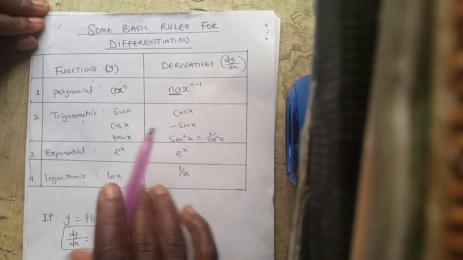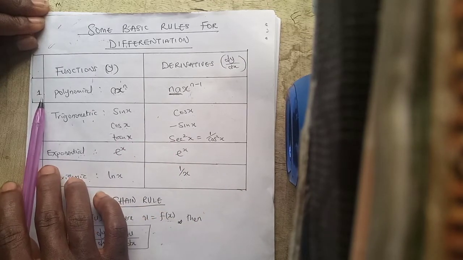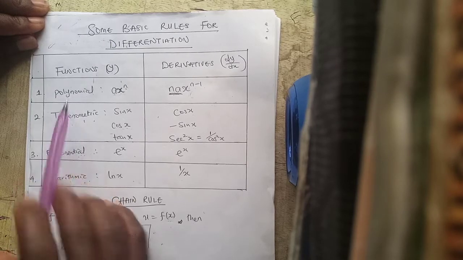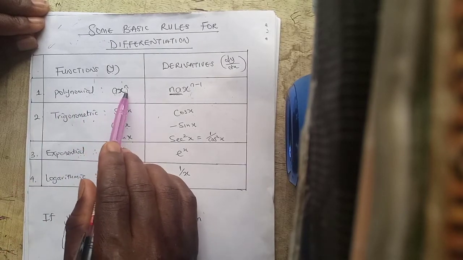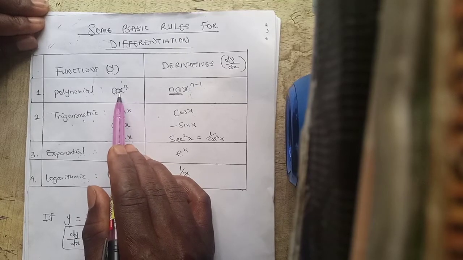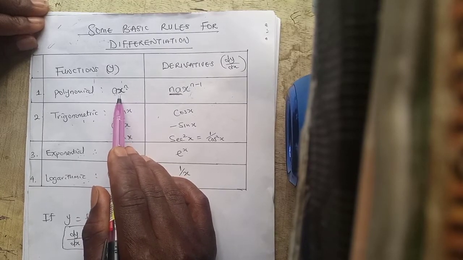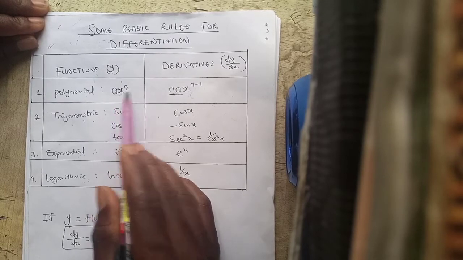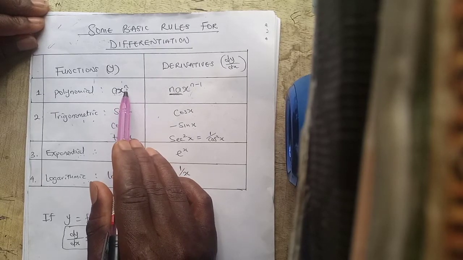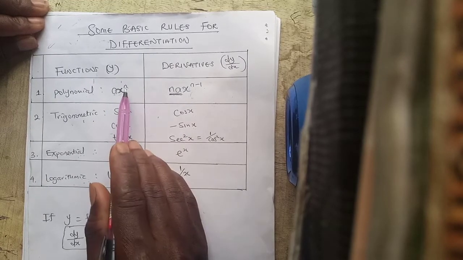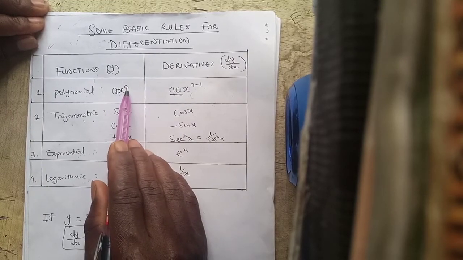So now, the table says if we have firstly a polynomial function of the form ax raised to power n, the derivative of this polynomial function with respect to x, that is, the differentiation of this function with respect to x, is we using this exponent n to multiply a to have na, and we are to reduce the exponent by 1.